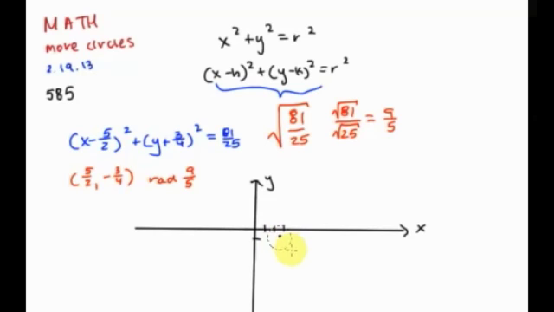So let's say 1, 2. And this distance right here, this is going to be 9 over 5 units, and the center is going to be 5 over 2, comma, negative 3 over 4. Okay.